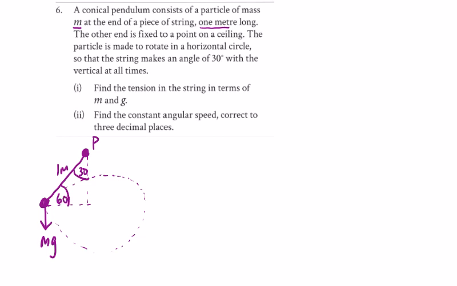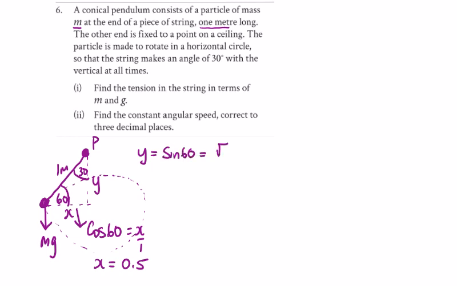So because the hypotenuse is 1, this side is going to be, we'll call this x and y maybe just in this question. Cos of 60 is equal to x over 1. So x is equal to cos of 60, which is 0.5. And y is equal to, similarly, the sine of 60, which is root 3 over 2.